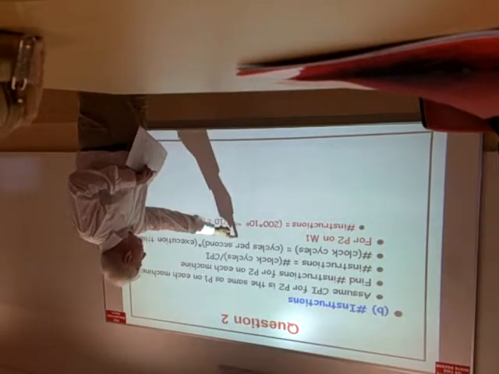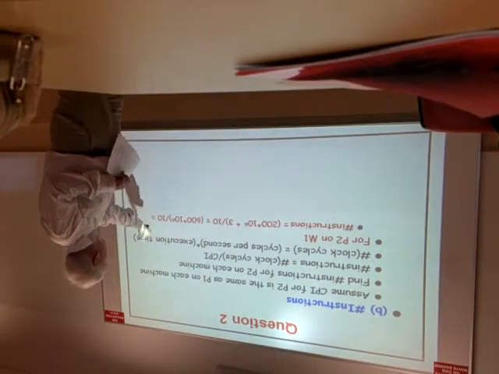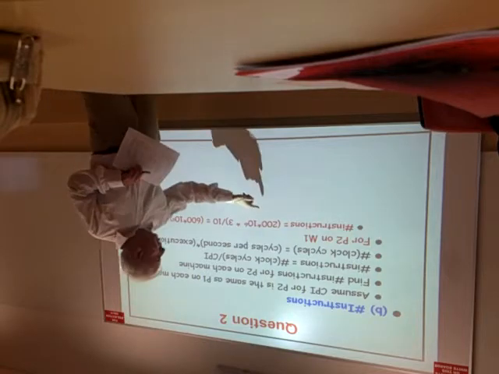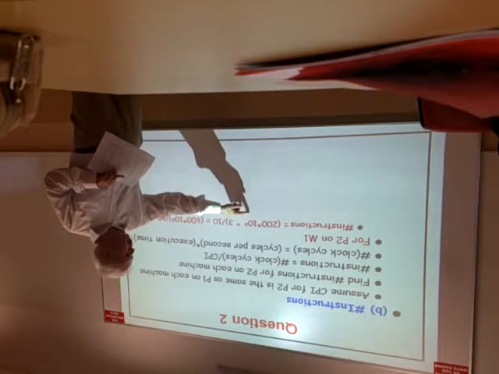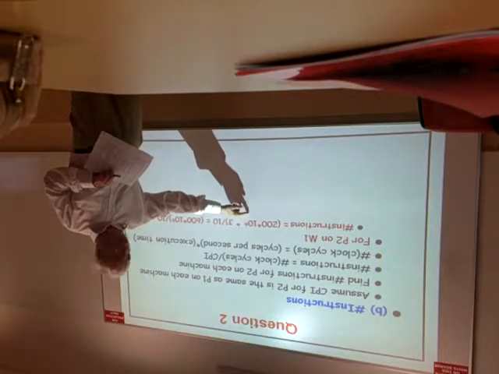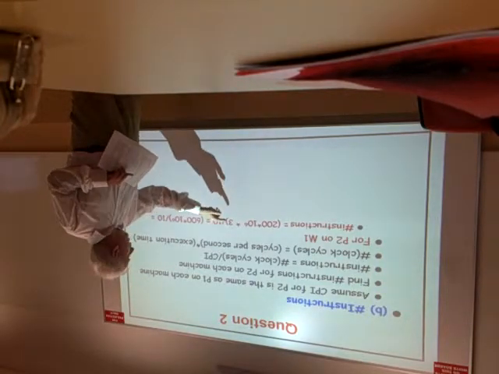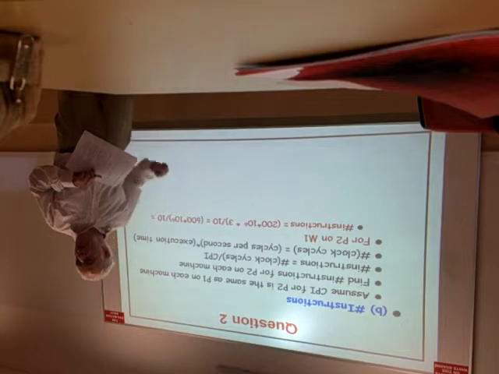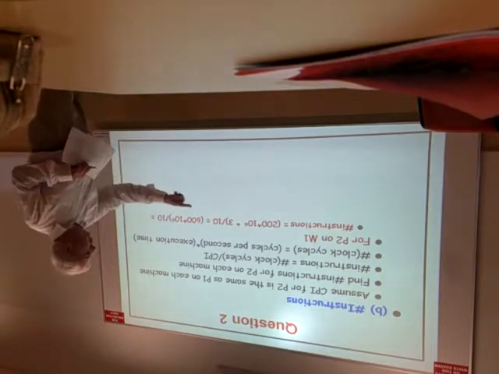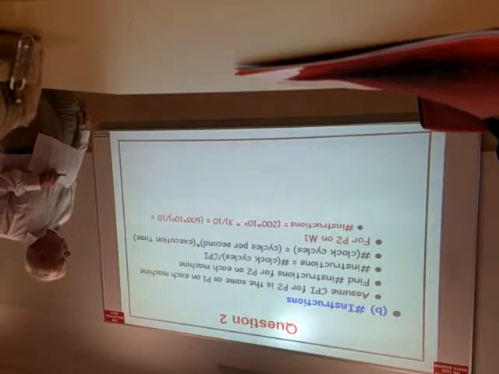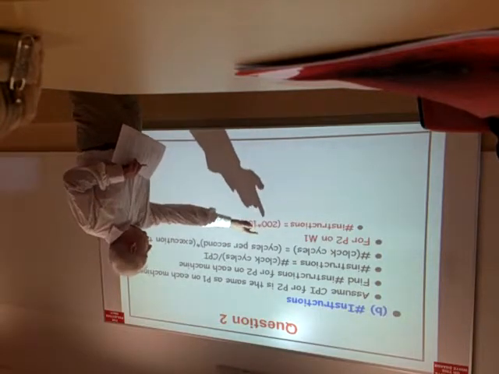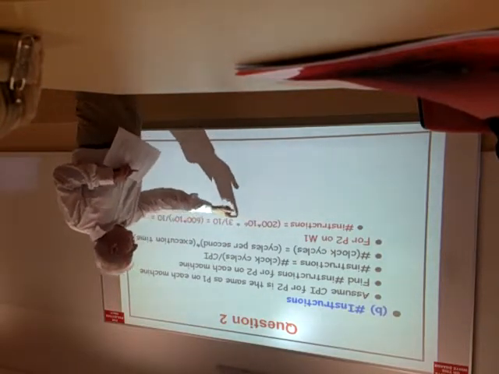And the number of clock cycles is the cycles per second times the execution time. For machine M1, the number of clock cycles per second is 200 times 10 to the 6, the clock rate. And we're told that P2 takes 3 seconds on M1. So the number of clock cycles is 200 times 10 to the 6 times 3.